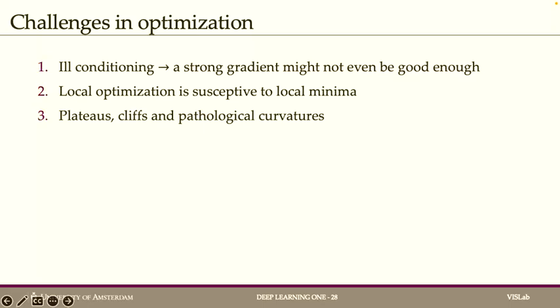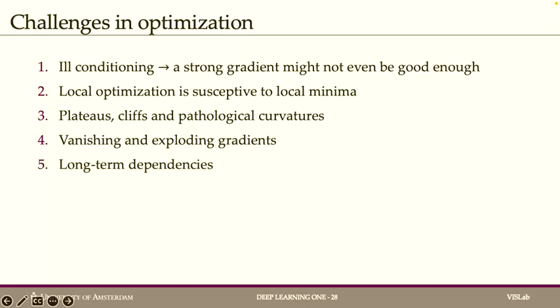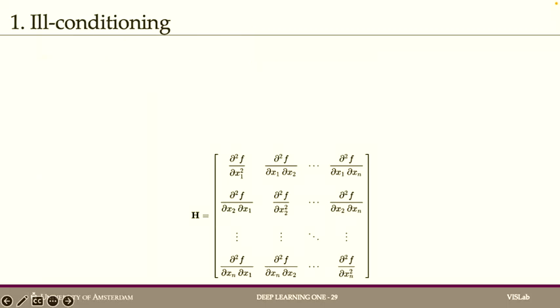The third one are plateaus, cliffs, and curvatures. Fourth one is vanishing and exploding gradients, which I'm sure everyone will experience at some point during the deep learning journey as well. And fifth one is long-term dependency. So let's start with the first one, ill conditioning.